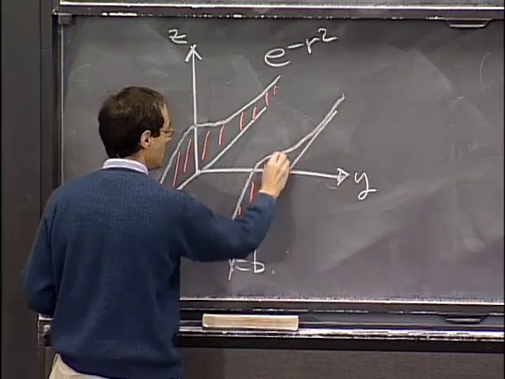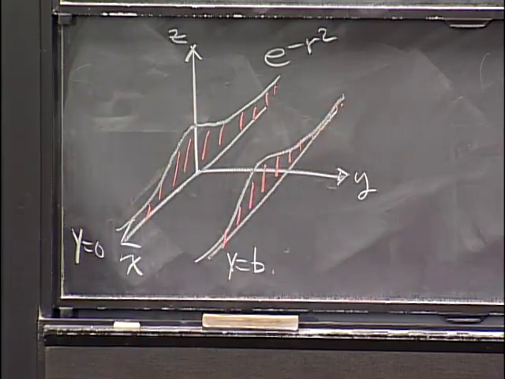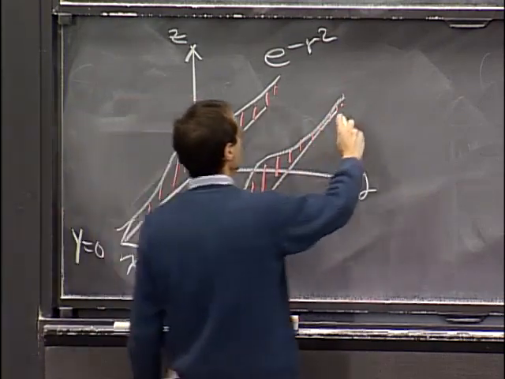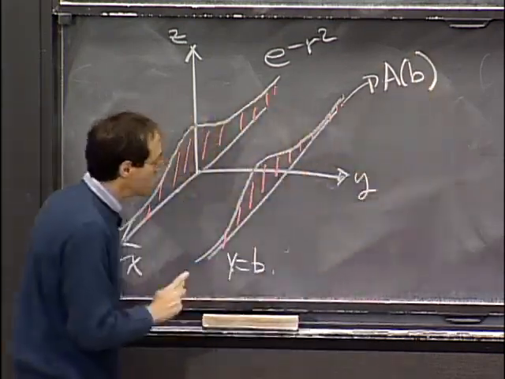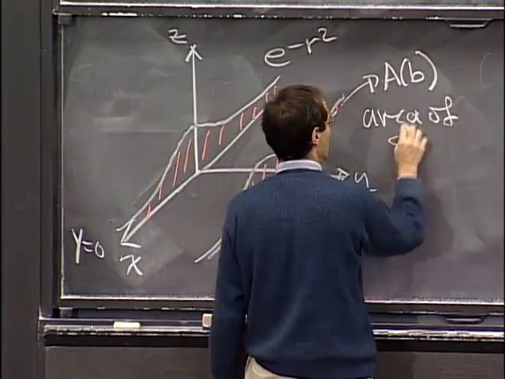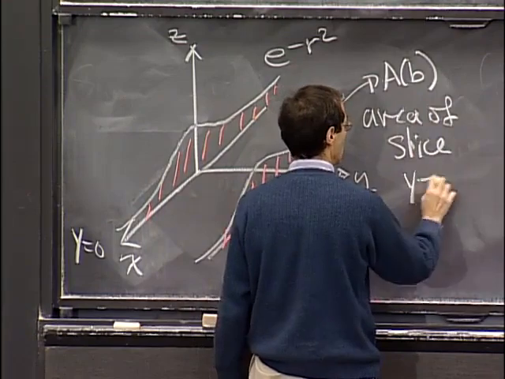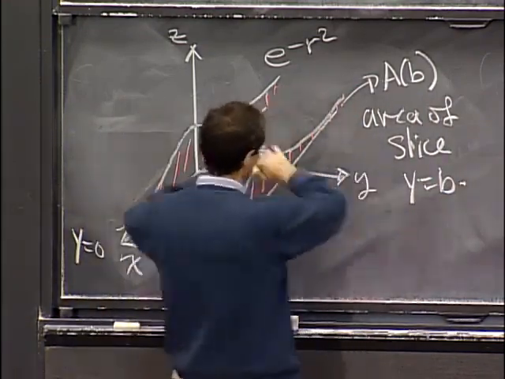So there's another slice here, like that. Now I want to give a name to these slices. I'm going to call this A of B. That is the area of the B slice under the curve, under the surface.